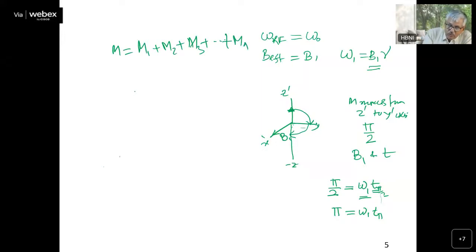So what you do, you have now the rotating frame, so all these things are here, and this is your B1 field. You keep the B1 fixed. The nuclei which are coming under resonance will be tilted and detected.